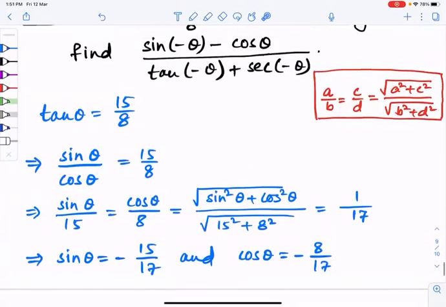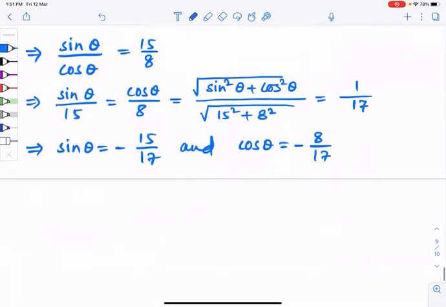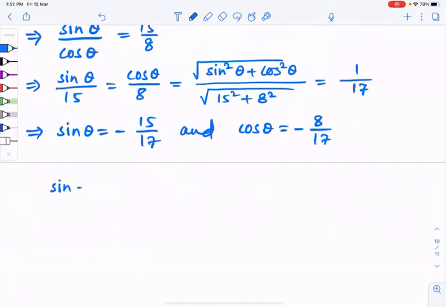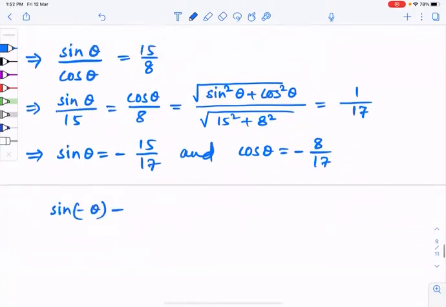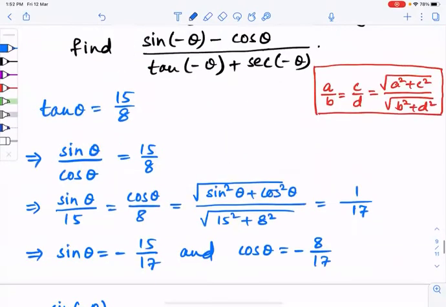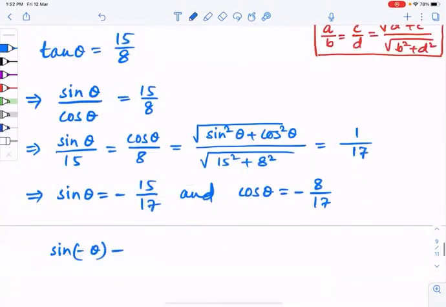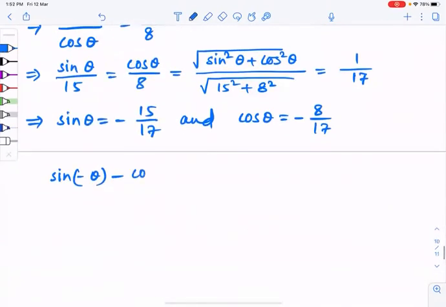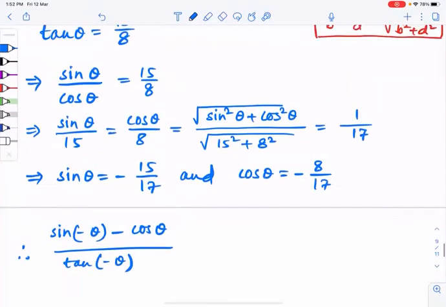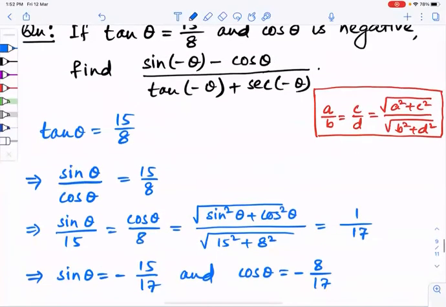What I need? I need sine, cos, tan, sec. Okay, now we'll write that. So sine of minus theta minus cos theta divided by tan of minus theta plus sec of minus theta.